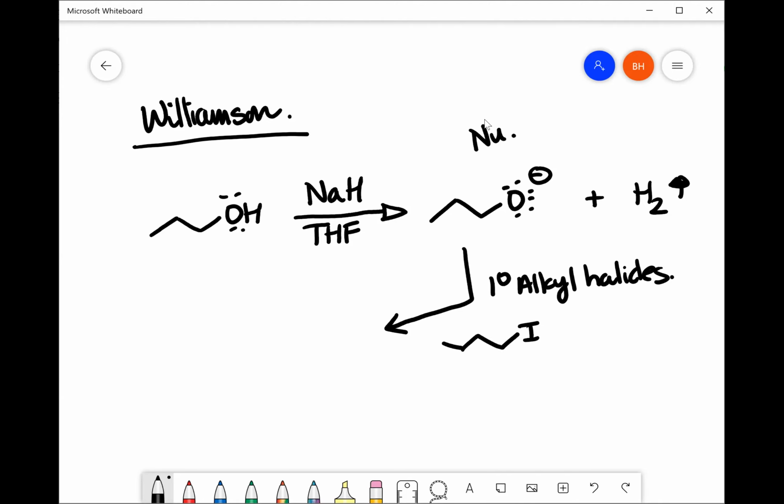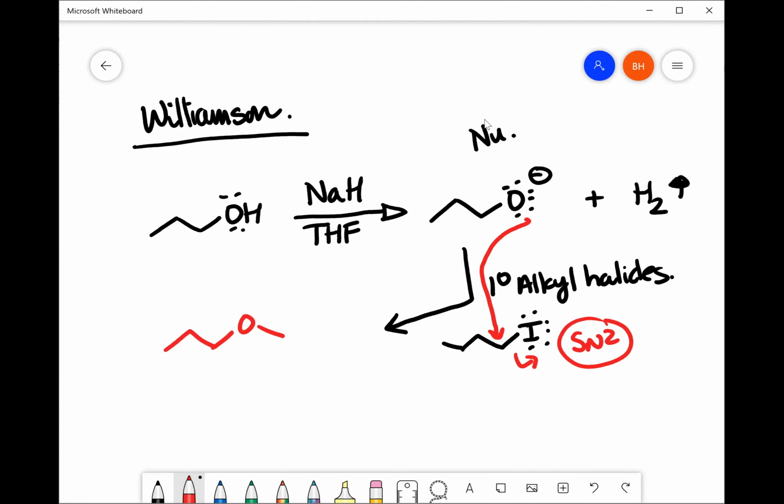Because when you use it on a primary alkyl halide, this will be an SN2 reaction, and you will form the product that you want. The amount of competing E2 elimination is lower.